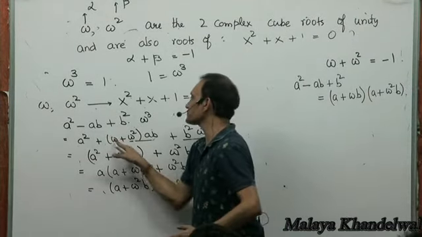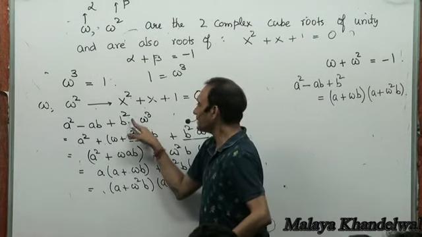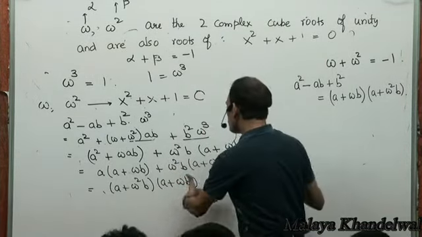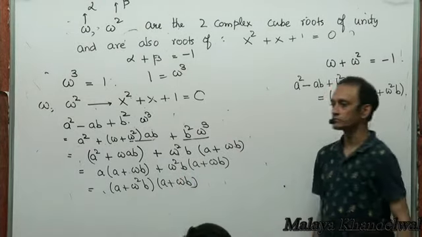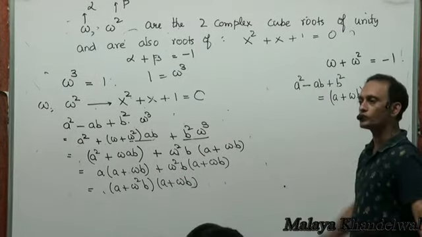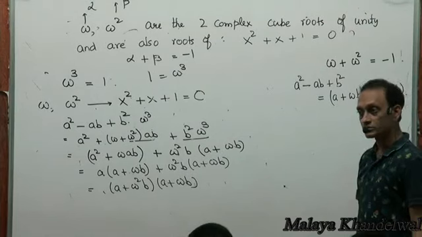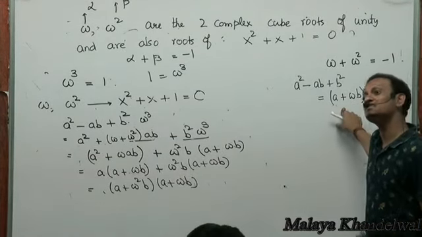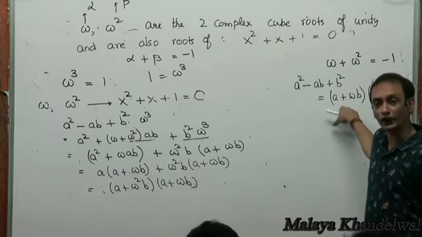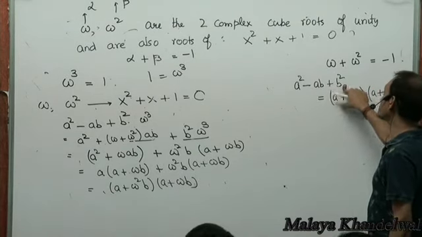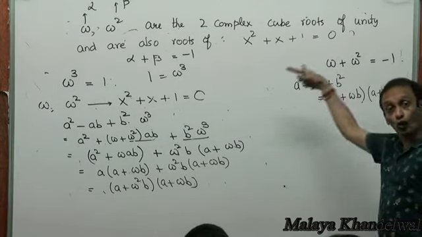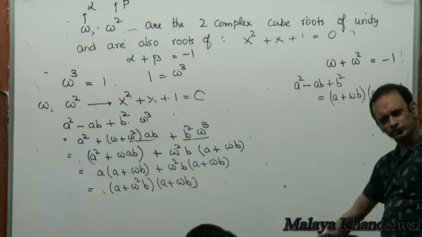I wrote this minus 1 as omega plus omega squared and this 1 as omega cubed just to be able to pull out these factors. In order that I could pull these factors out, I performed this manipulation. And from now on, this should be looked upon as a standard result for the sake of our class. A squared minus ab plus b squared is a standard result now. Do you all understand how I factorized that?